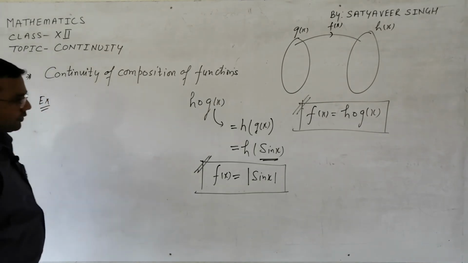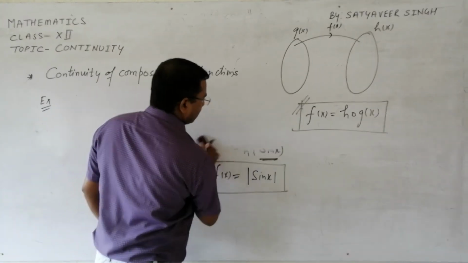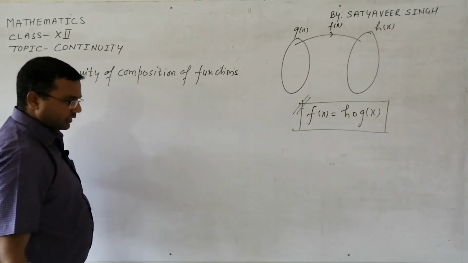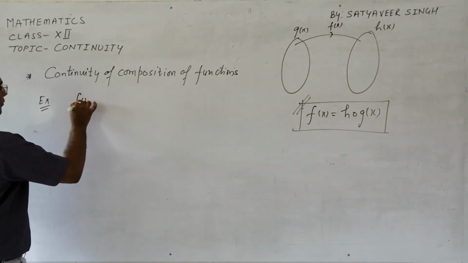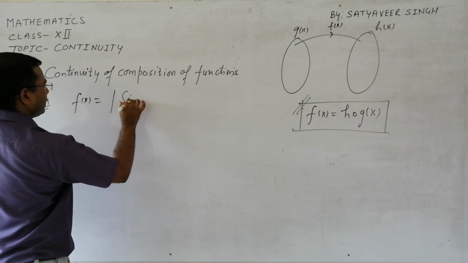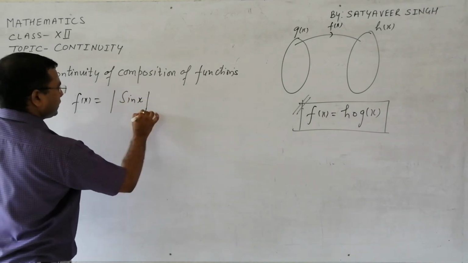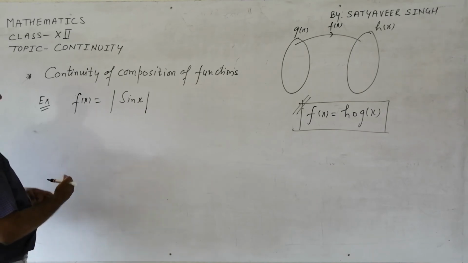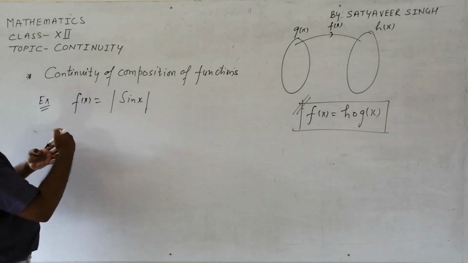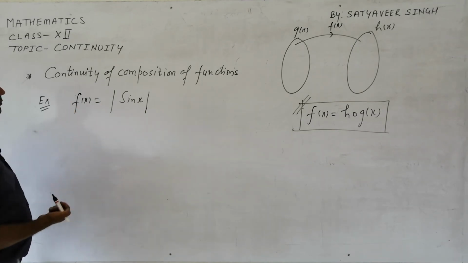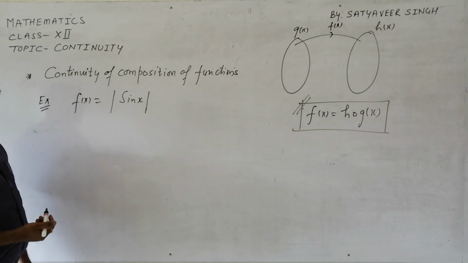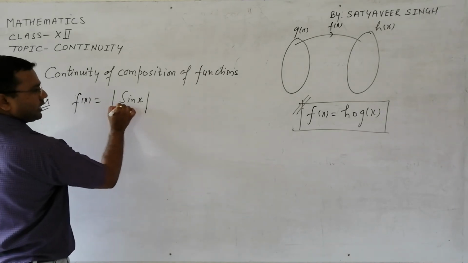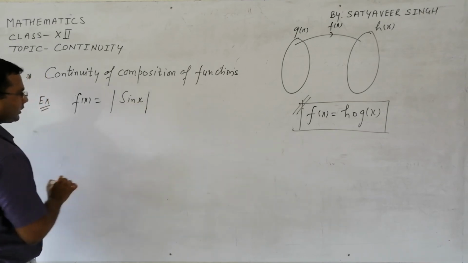The same function I am taking: f(x) is a function which is modulus sin x. At a glance you will have to recognize that this is a composition of functions, because one function is clearly inside and the other is outside.